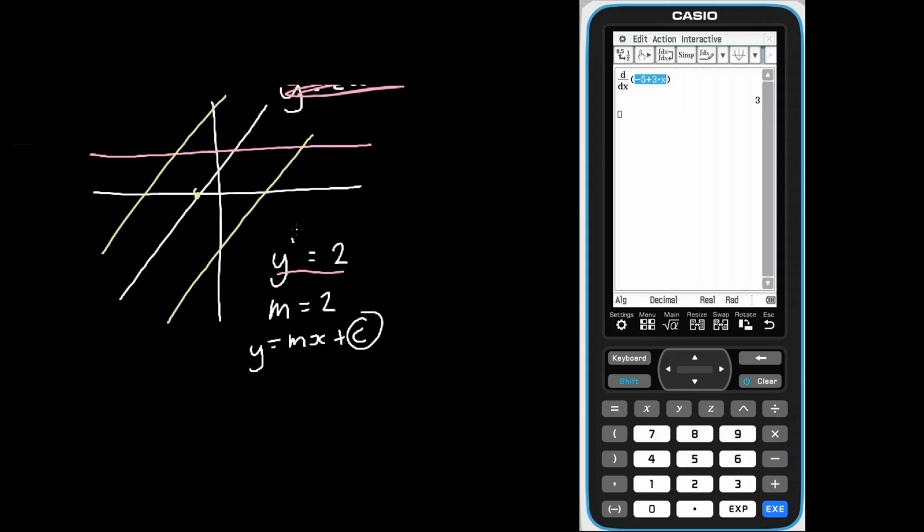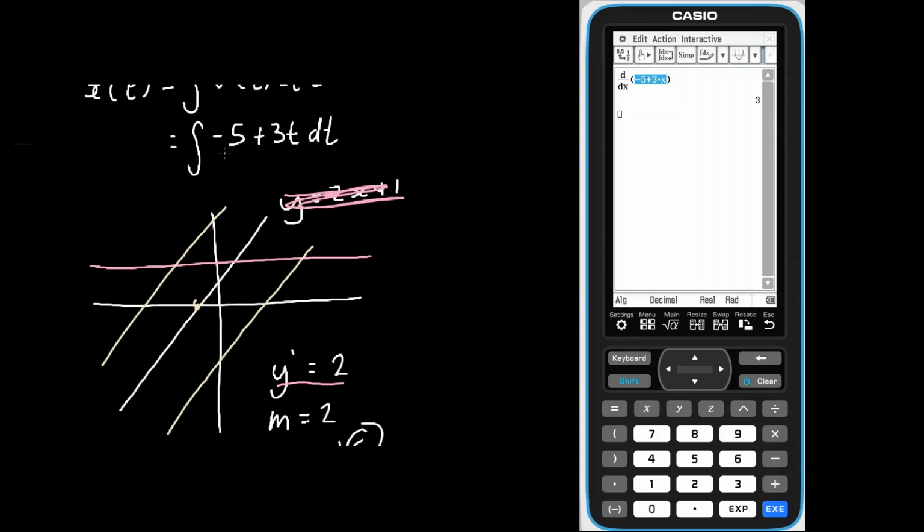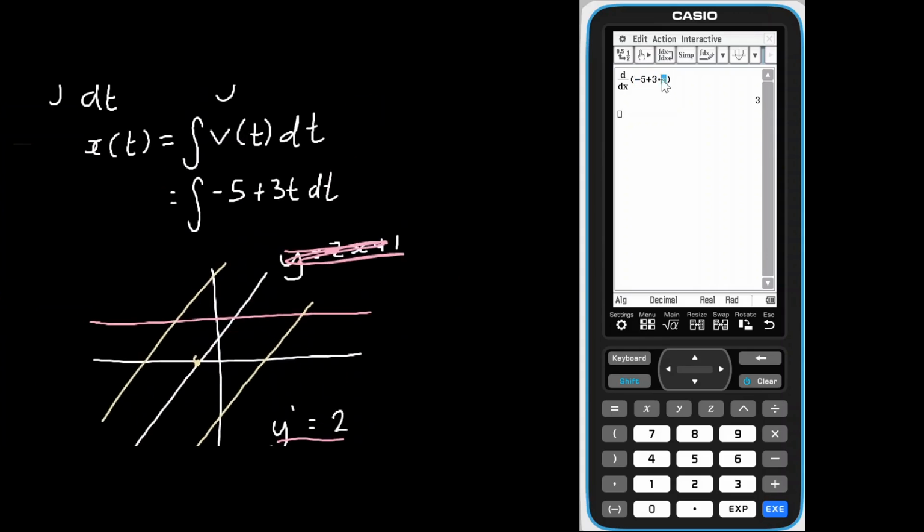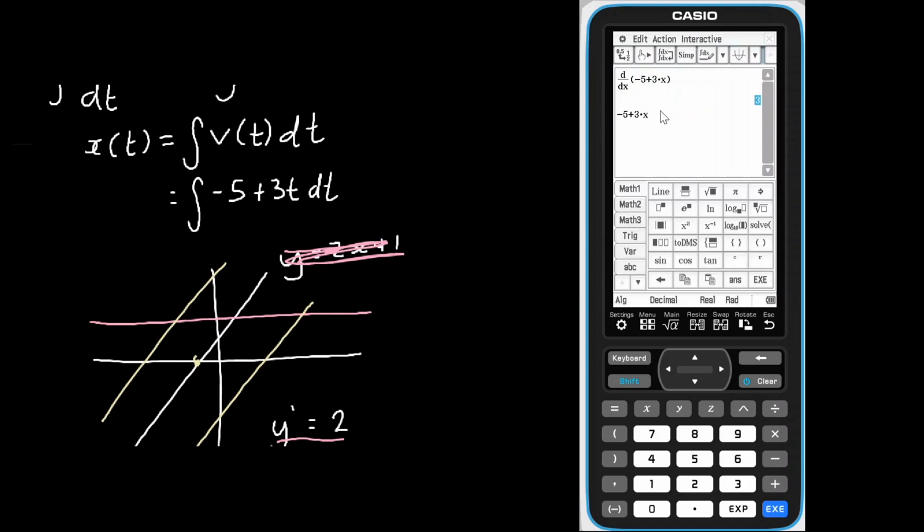So now that we know that, we're going to grab this guy, pull him down, and we're going to go interactive. Oh, the easiest way actually, you can highlight the whole thing here, go to Math 2, and we can just write this one here. So we just need an integral.